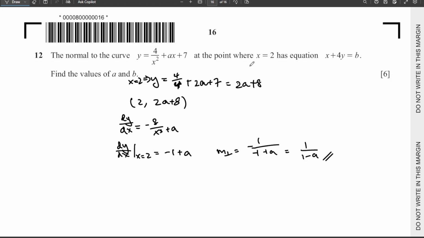Okay, we have the point, we have the coordinate. And we can use the straight line equation, going through that point. We have our gradient 1 over 1 minus a.